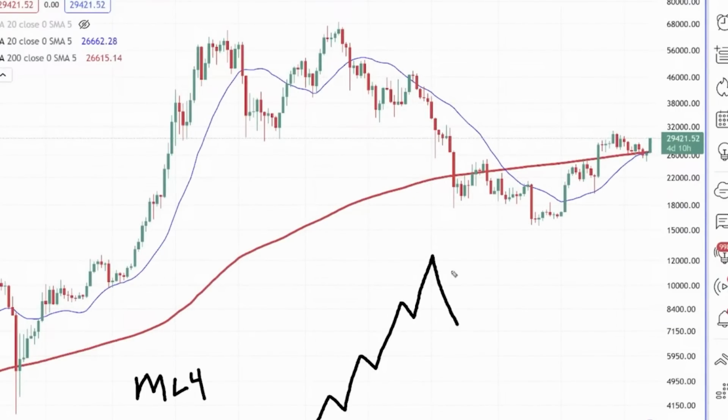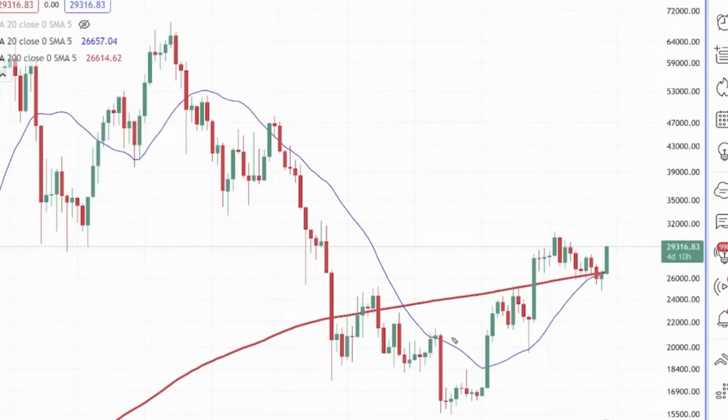Dual space, that concept is when your stock gets far away from the 20 at a time where your 20 is separated a decent distance from the 200.